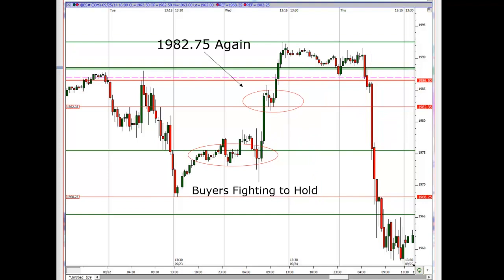So notice here the 82.75 level again. It comes right up to it. It appears to hold as support and moves higher. All right, we have a lot of longs now that think we've made it. The 82.75 has now held, and we've trapped a lot of longs. When we come down here, notice how all these longs are struggling and at all the stops that will get hit down here.